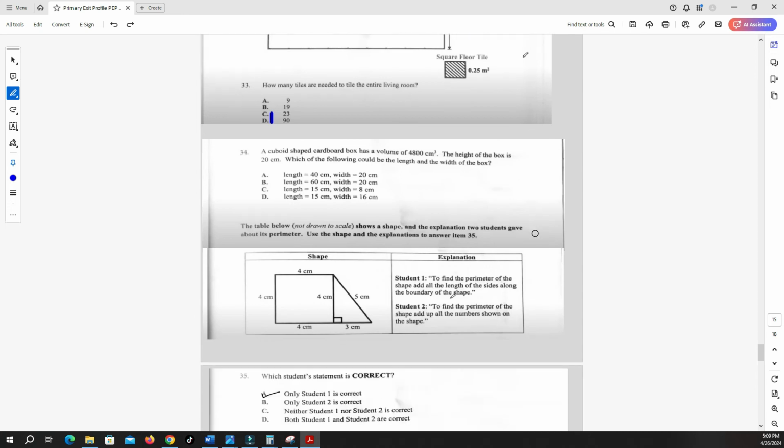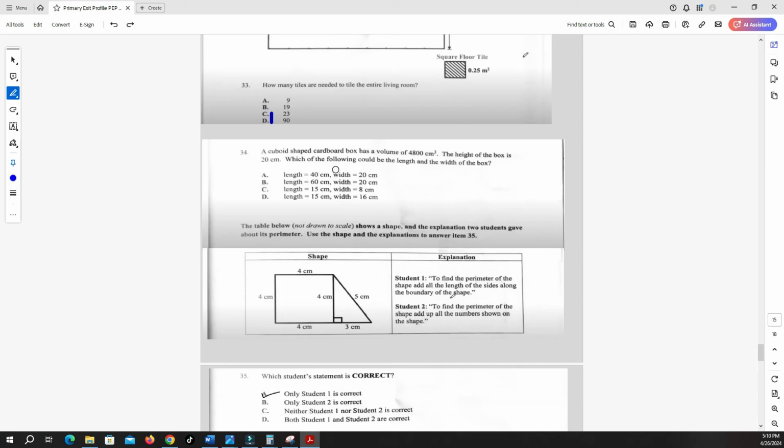Right, so 34. A cuboid-shaped cardboard box has a volume of 4,800 centimeters cubed and the height of the box is 20 centimeters. Okay, so which of the following could be the length and the width of the box? So we have the height of the box. Remember, it's length times width times height.